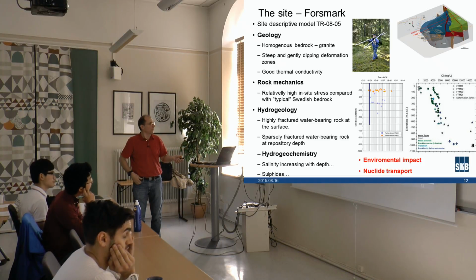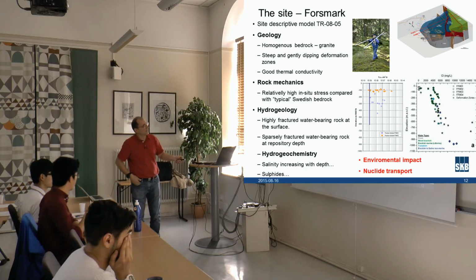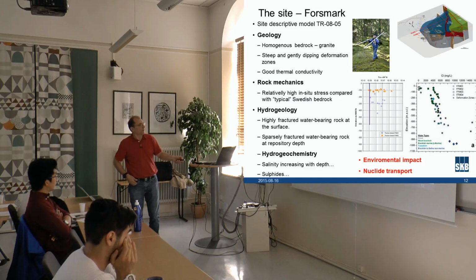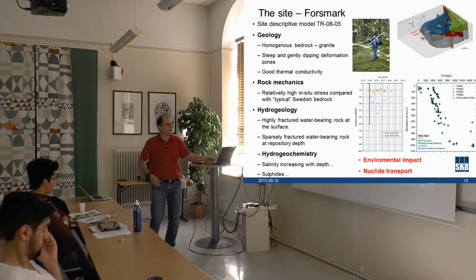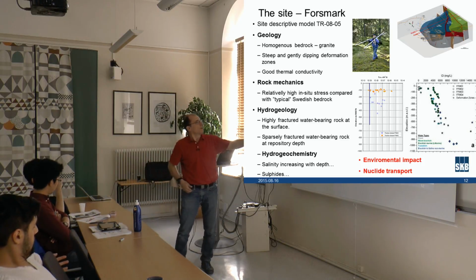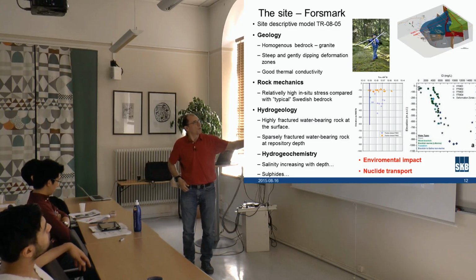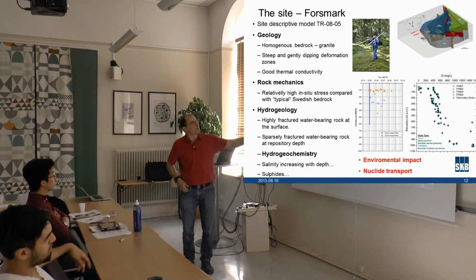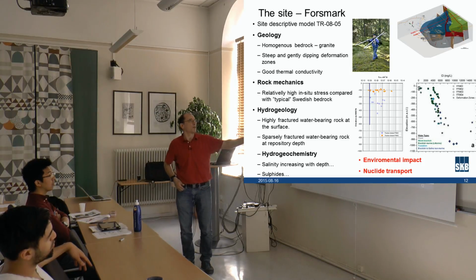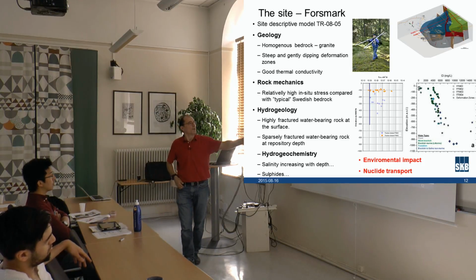Looking at the hydrogeology, the upper part of the bedrock is highly fractured, with a lot of water-bearing fractures. I'm going through this in more detail, but you see there is a blue part on the top. This is the top of the model, this is the bottom. On the top it's blue and there is a green one over there. The repository is going to be placed down here in this grayish, brownish part.